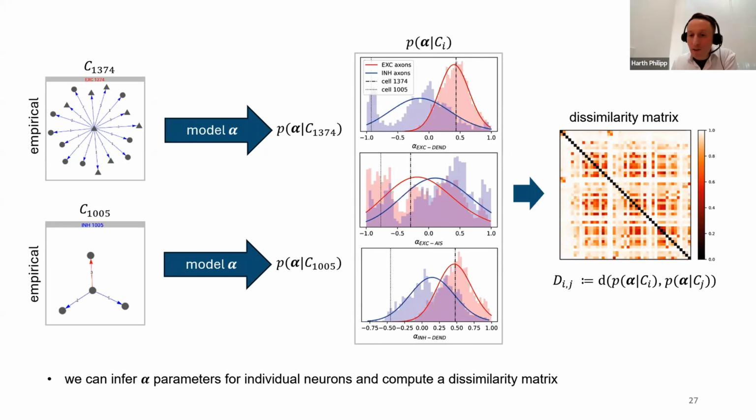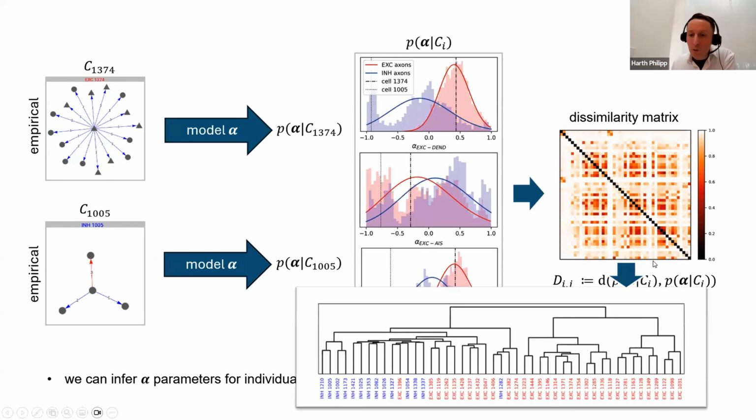And based on these distributions and differences in the inferred wiring parameters for individual cells, we can arrive at a dissimilarity matrix and use this to generate a clustering of cells that separates more or less the excitatory and inhibitory cells in this model.